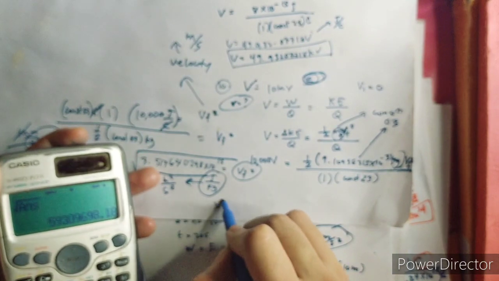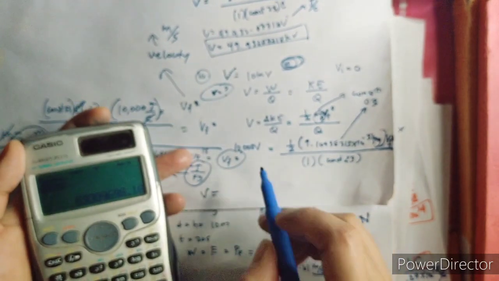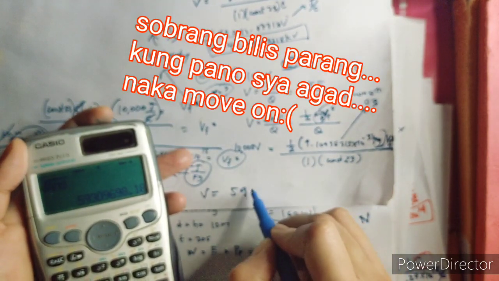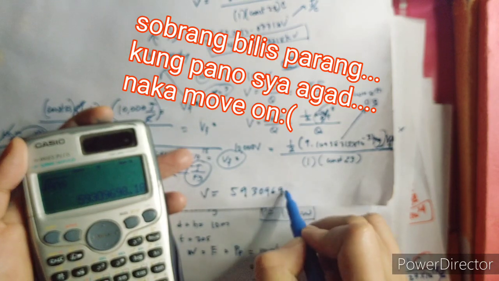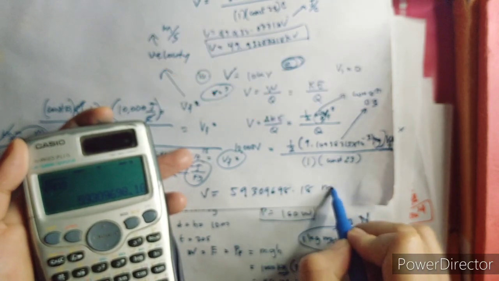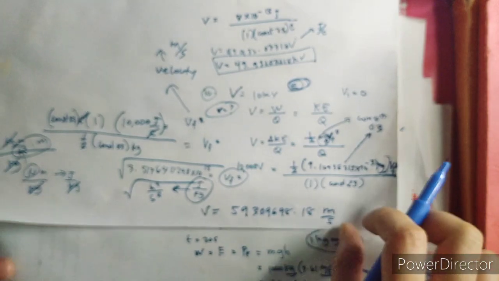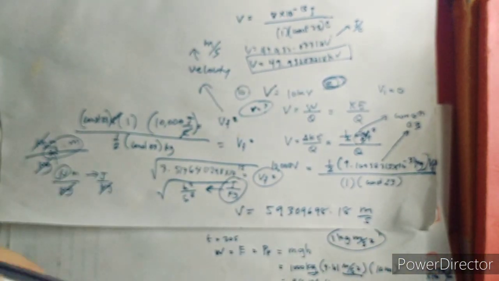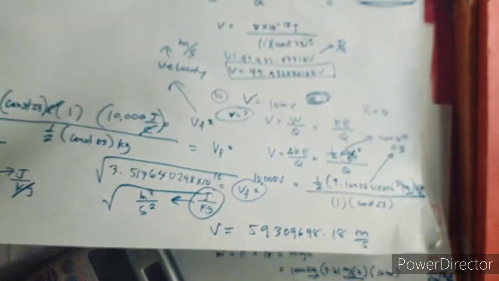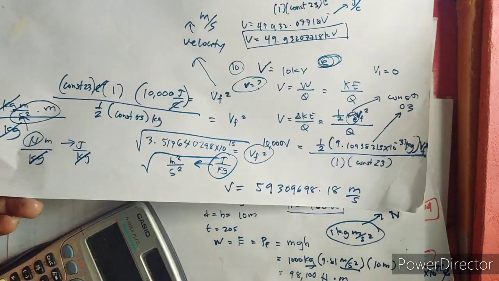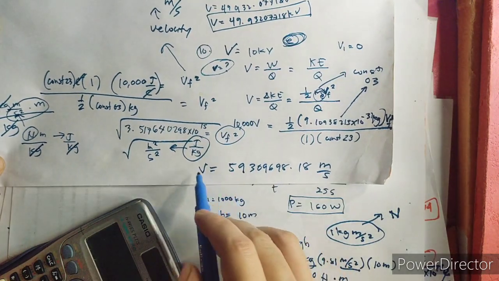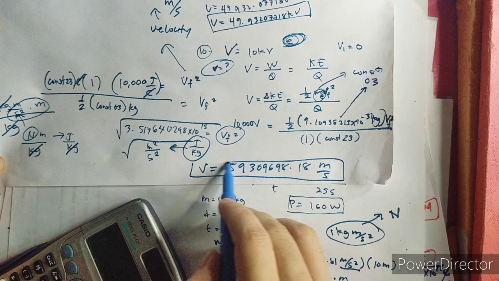Sobrang bilis. Velocity equals 59309698.18 meter per second. Sobrang bilis, okay? Ito na yung velocity.